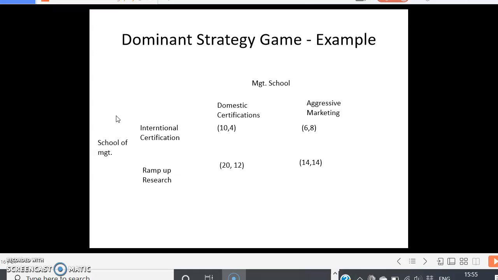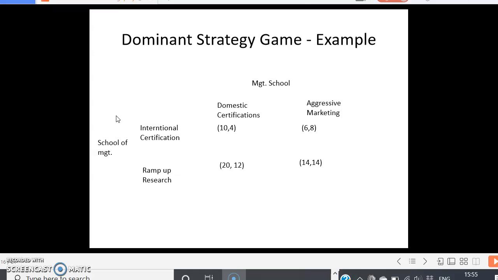But if Management School goes for aggressive marketing, its payoff is 8. So clearly, when School of Management goes for international certification, the best strategy for Management School is aggressive marketing, giving it a higher payoff, 8 as compared to 4.